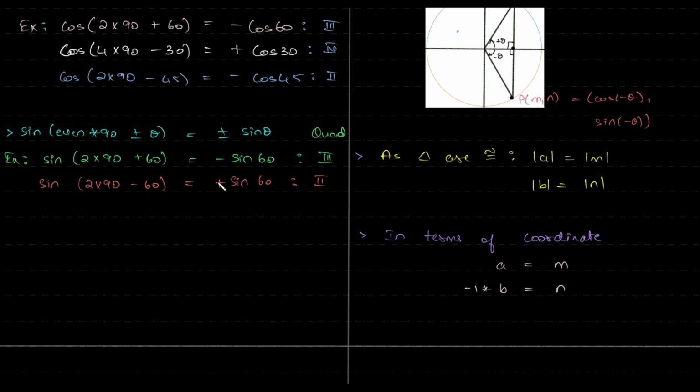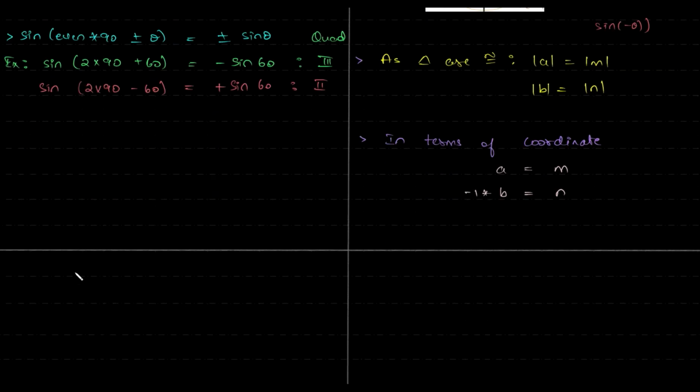Okay. So what is the important conclusion over here? The conclusion being the following. A, which is cos theta, is equal to cos of minus theta. So therefore cos theta is equal to cos of minus theta, while minus 1 into sine theta is equal to sine of minus theta. Okay, so that's your important conclusion. And along with this, what else can we conclude?